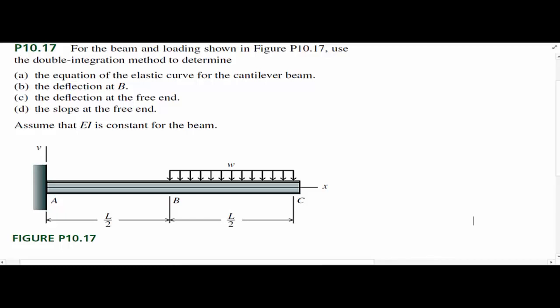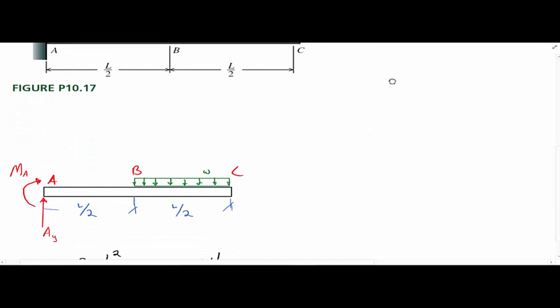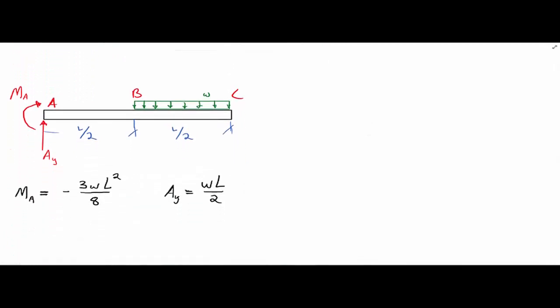I've already done that and drew a free body diagram and determined what our moment is and what our reaction in the y direction is. So the next thing, we'll draw a quick free body diagram here with an arbitrary cut distance of x and a new moment.